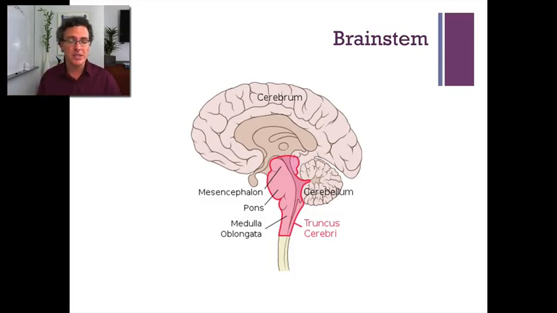In fact, sometimes this is referred to as the reptilian brain because literally if you look across species, even all the way to reptiles, you see these basic structures there in just about every species. So it shouldn't be surprising then that the role these structures play are primarily ones involved with basic life support, really.